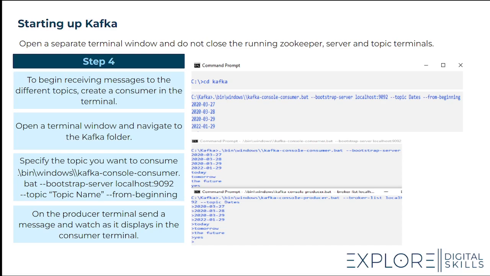What we'll then do is use a particular line of code, which is dot backslash bin windows Kafka. Just be careful, it's not double backslash, it's just single. Kafka dash console dash consumer dot bat. That is the name of the file that I want you to look at. And then dash dash bootstrap server localhost 9092. That's the broker, that's where everything is going through.